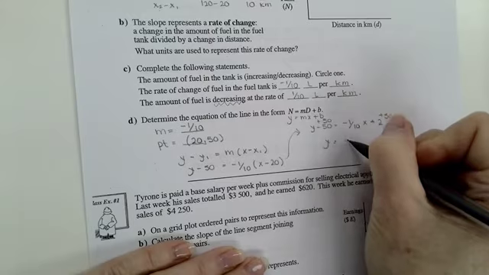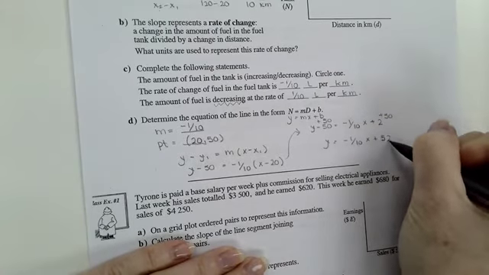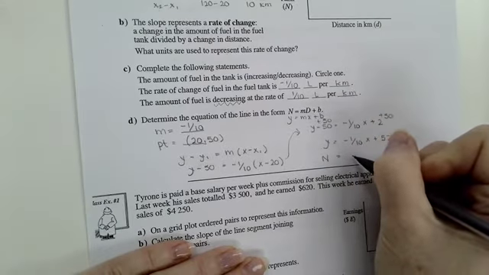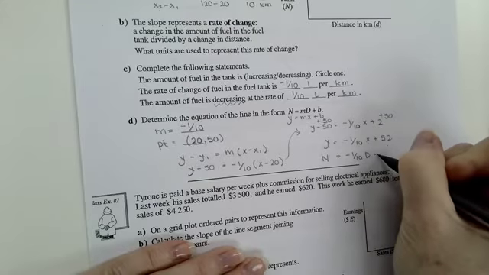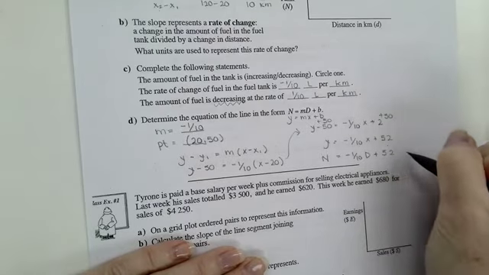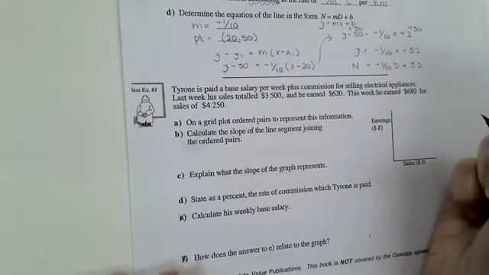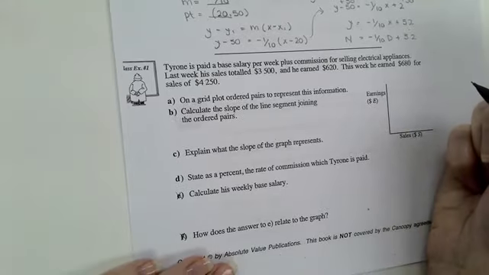Y equals -1/10 x plus 52. And now we can put it back into their lettering if they would like that. So -1/10 d plus 52. Hooray! Okay, number 1 in the class examples.